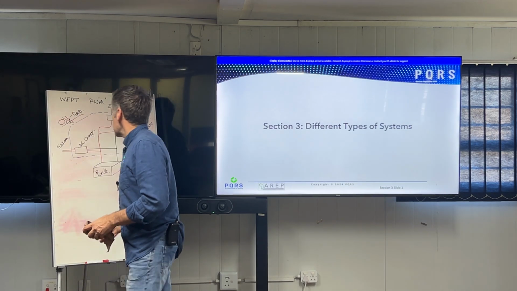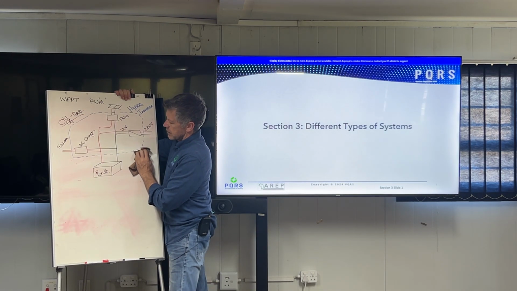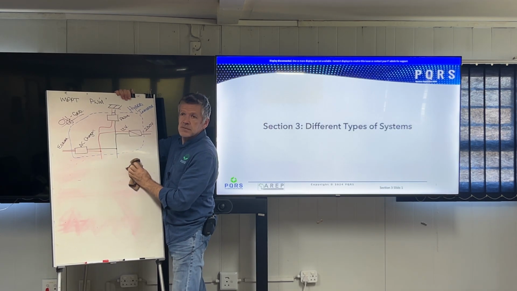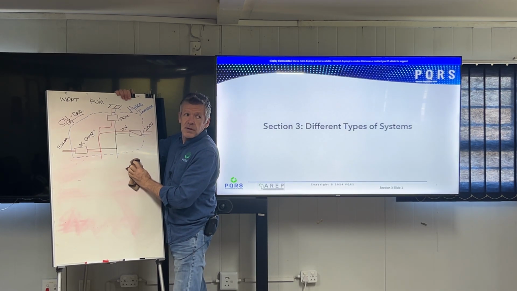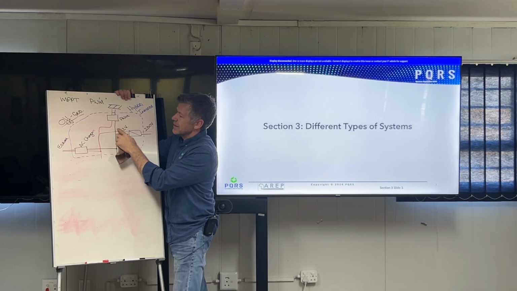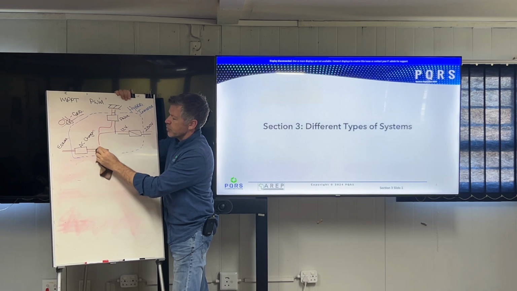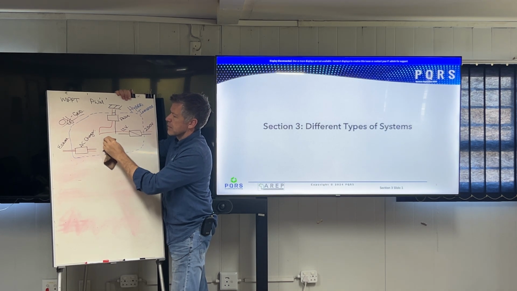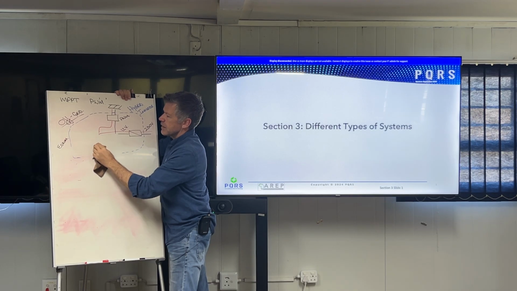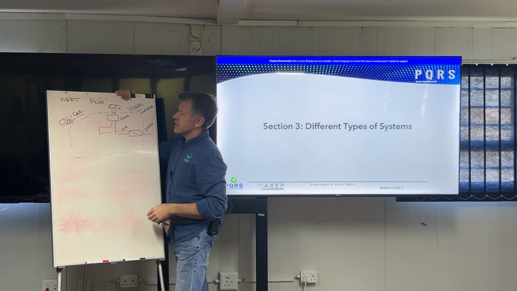The next system is a system that doesn't have a battery. So it has an inverter, it has solar panels, but it doesn't have a battery. It doesn't have an AC charger, and it doesn't need one because it doesn't have a battery.